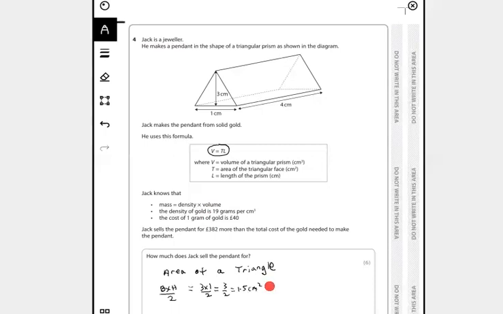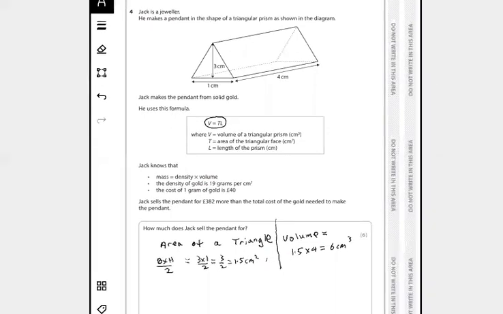And then volume is 1.5 times 4, which equals 6 cm cube. So volume is 6 cm cube. Okay, that is the first part.